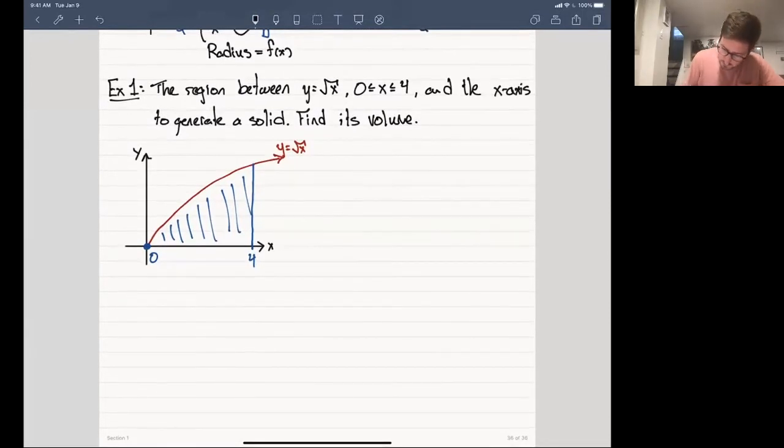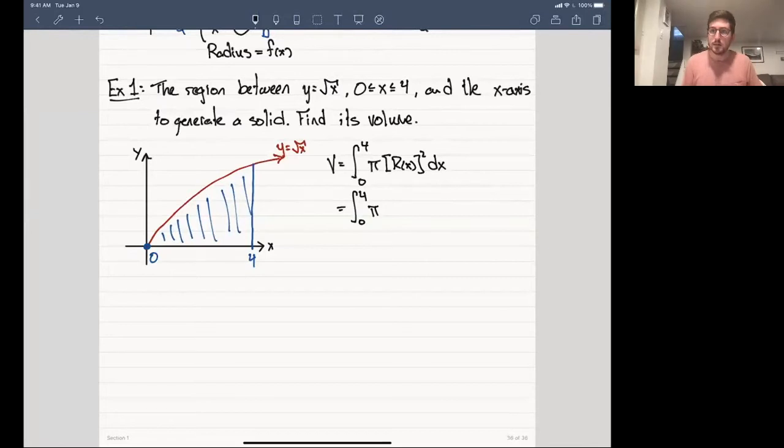So this tells me that the volume is equal to the definite integral from 0 to 4 of each cross-sectional area, A of x, which is going to be pi r squared. So pi times r of x squared dx, which is equal to, the radius in this case is the value of the function, so square root of x.